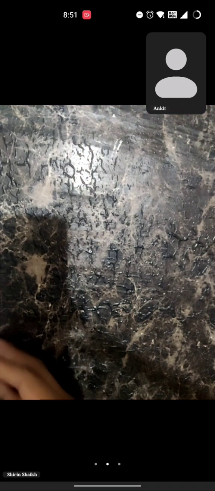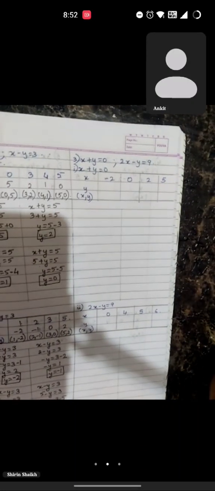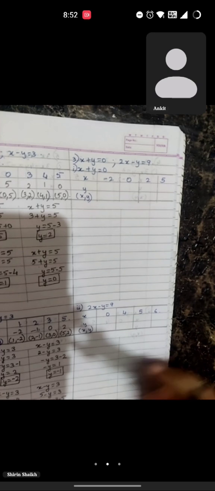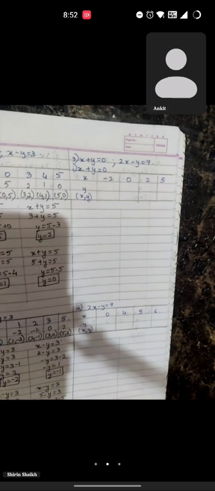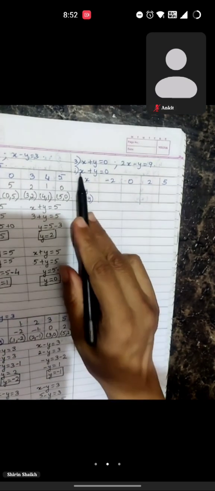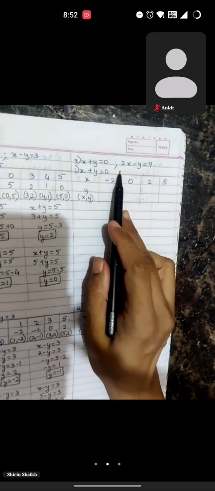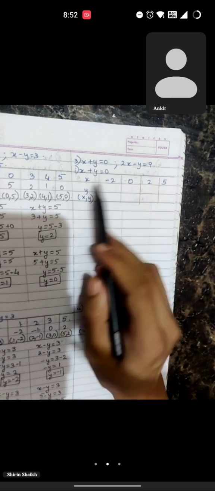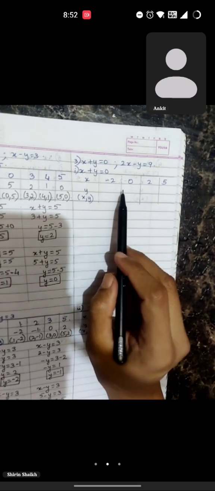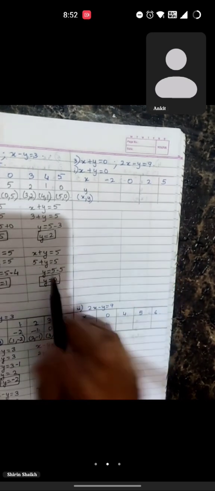Okay. We have to first solve the equation. Again, I've made the table ready for the third equation. Please mute yourself. The third equation is x plus y is equal to 0 and 2x minus y is equal to 9. So I have to first make the box for the first equation.